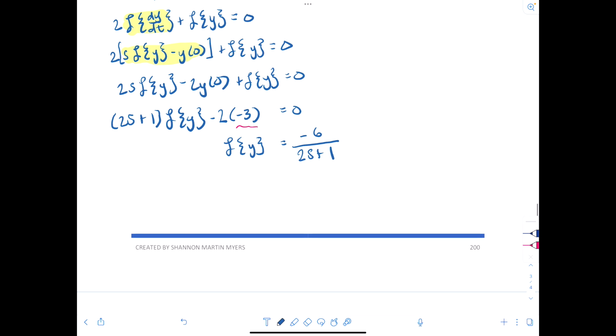Now I have to get this in the form where I can get the inverse, right? So L at y is equal to, I can go ahead and divide each term by 2. So that's going to give me that L at y is equal to negative 3.